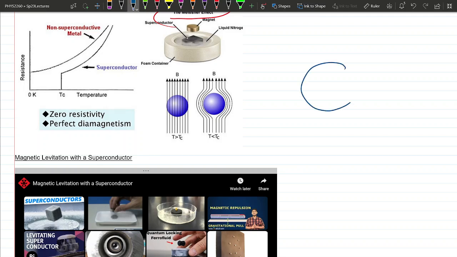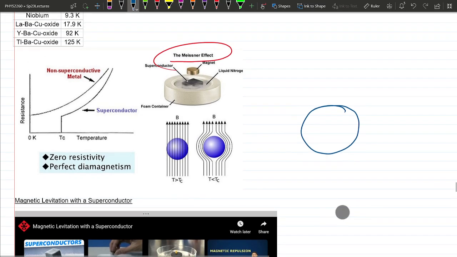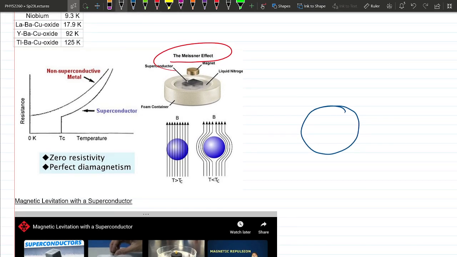Let's say you have a superconductor like this. What happens in reality is that the magnetic field will still technically penetrate through the superconductor. But the superconductor has these electrons inside it, and they're going to move in a way to create a magnetic field that is equal and opposite to it.